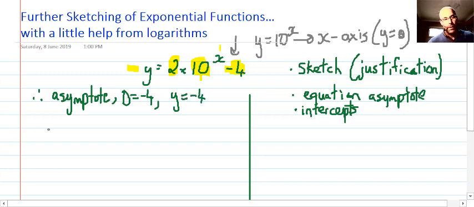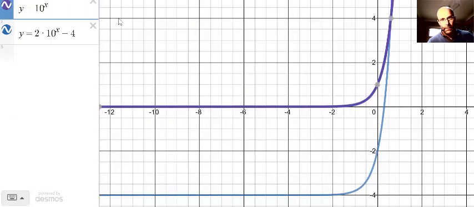Or another way of saying it is, we talk about the behavior of the graph. As x approaches, now let's have a look. If we've got the graph of y equals 10 to the x there in purple, we can see that as the graph approaches negative infinity, as you see my cursor move to the left, it's approaching that asymptote. We've seen that sort of behavior in earlier videos.